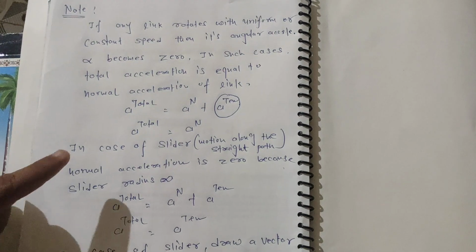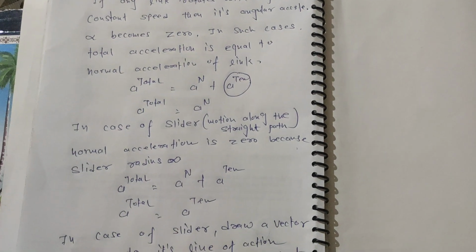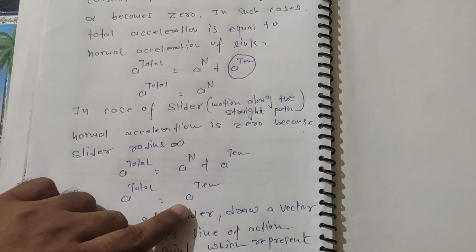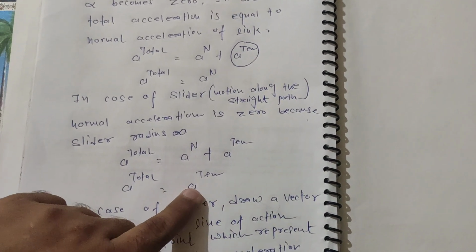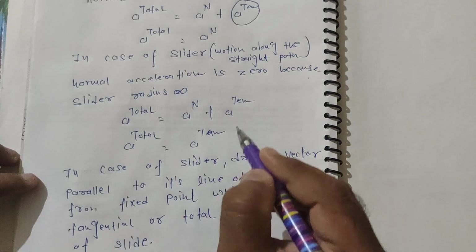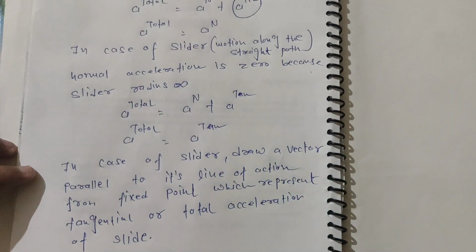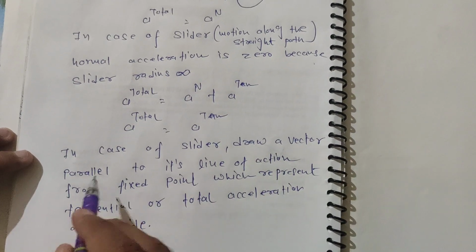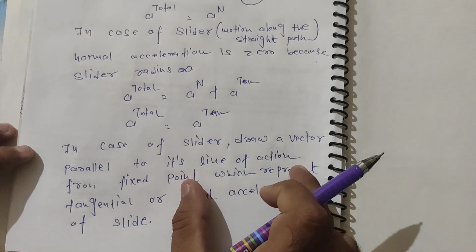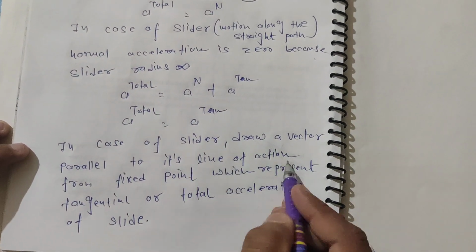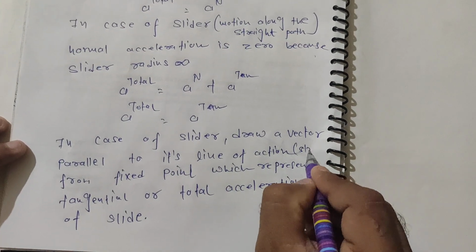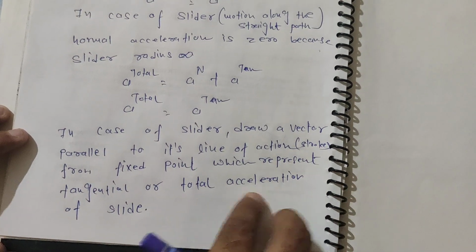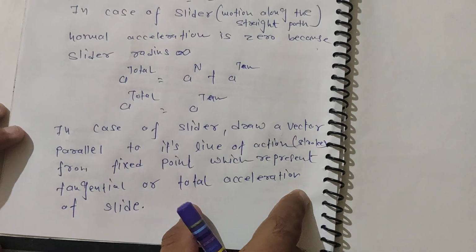But when we consider the slider, normal acceleration is 0 and total acceleration becomes the tangential acceleration. So this point is also given that in case of the slider, draw a vector parallel to its line of action. Line of action or line of stroke, both are the same. Okay, from the fixed point which represents the tangential or total acceleration of the slider.